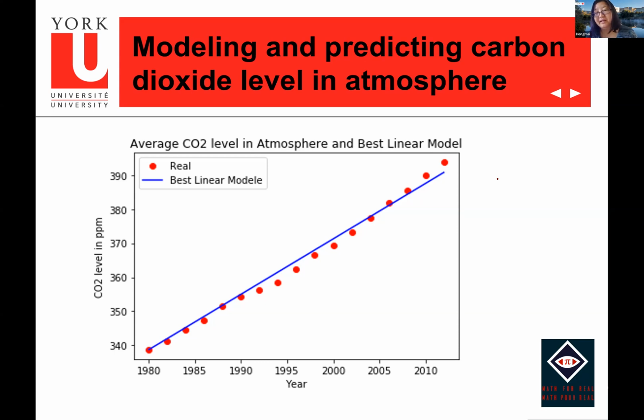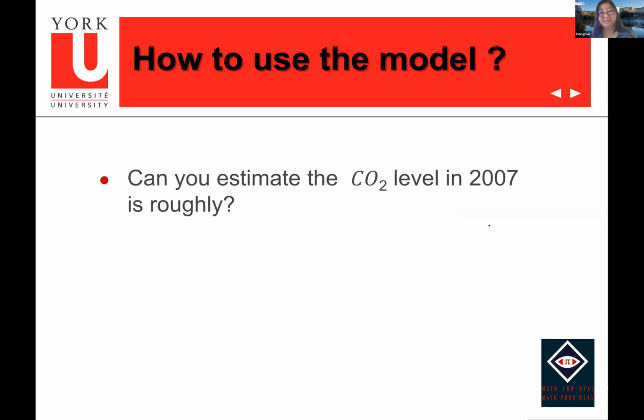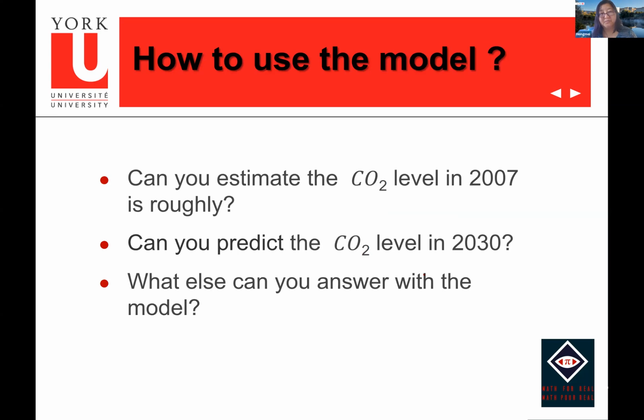We can reduce emissions from factories and so on. All those things can help us see what could happen in the future, and if we implement some strategies to reduce the CO2 level in the atmosphere, how we do it and so on. So from this, we can answer lots of questions.